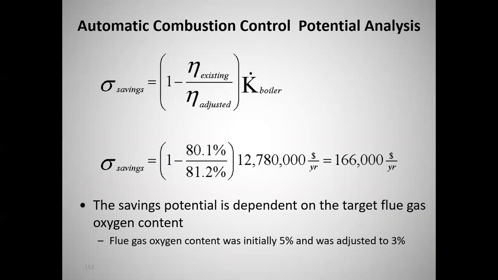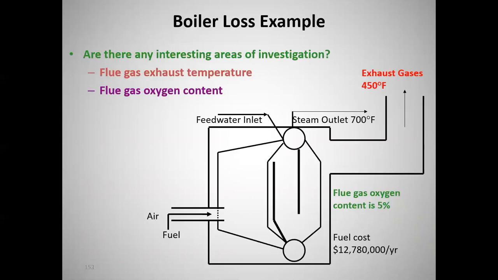So I've already dropped my operating cost from $13 million to $12,780,000. I plug those numbers in, and I get $166,000 a year in additional savings if I can drop the flue gas oxygen content from 5 to 3%.